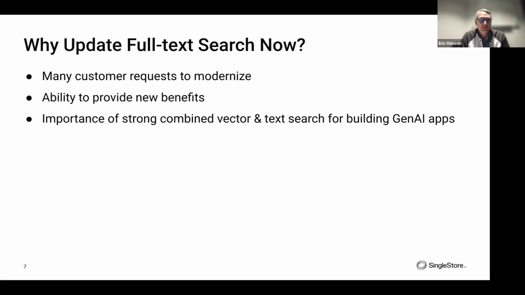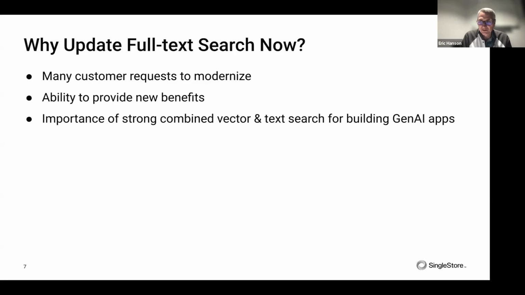So why did we update full text search now? Many of our customers asked us to modernize our full text search in various ways. And looking at what's available in Java Lucene, it made it possible for us to add some significant new benefits. Also, everybody knows that in the last year and a half, generative AI has been extremely popular, and people are really trying to figure out how to do generative AI applications on top of their enterprise data or their database data.